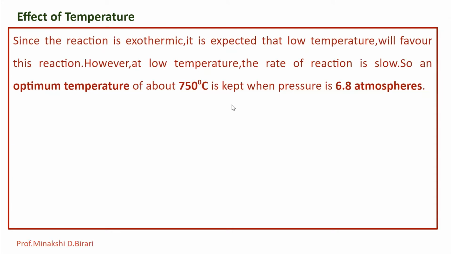Since the reaction is exothermic, it is expected that low temperature will favor this reaction. However, at low temperature, the rate of reaction is slow. So, an optimum temperature of about 750 degrees Celsius is kept when pressure is 6.8 atmosphere.